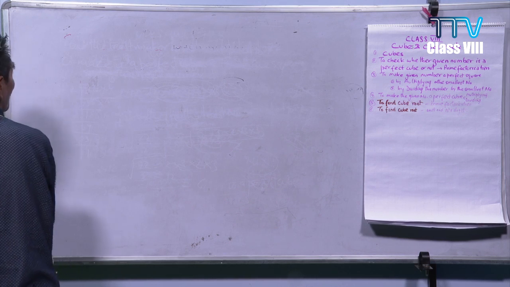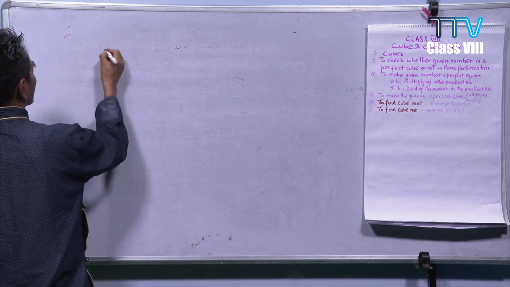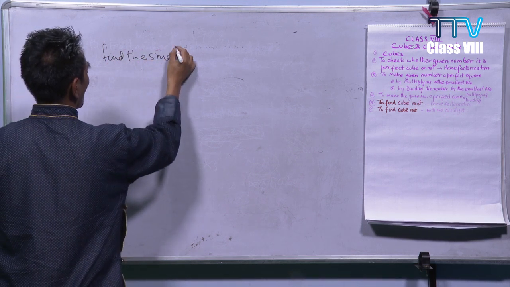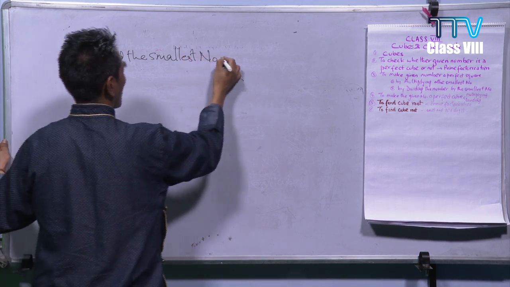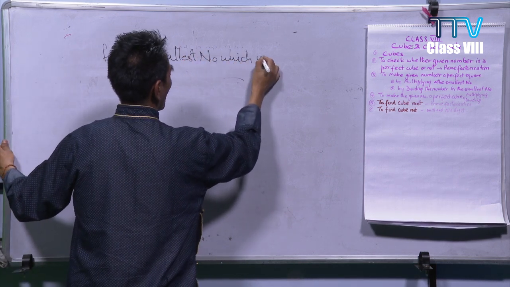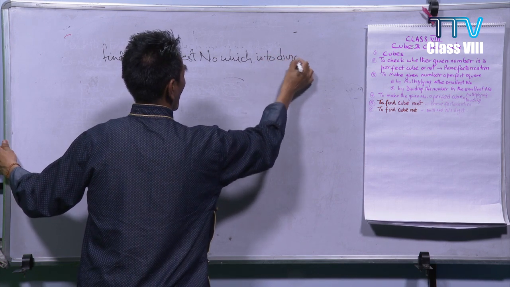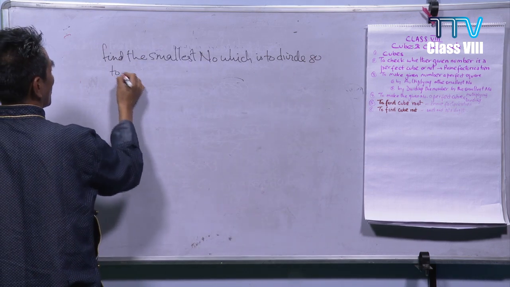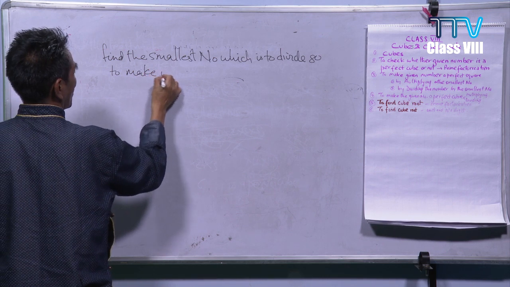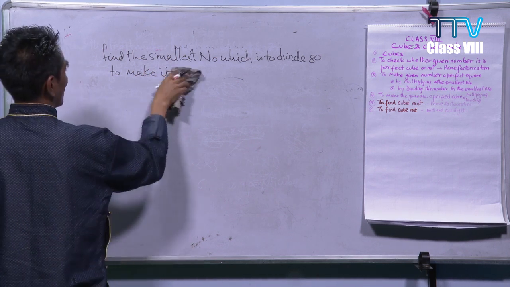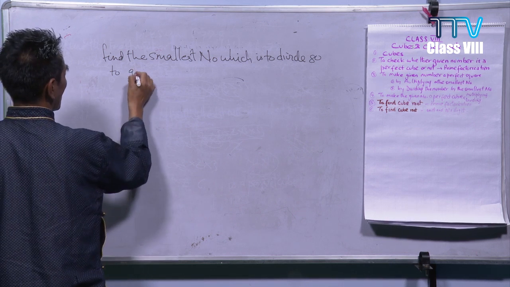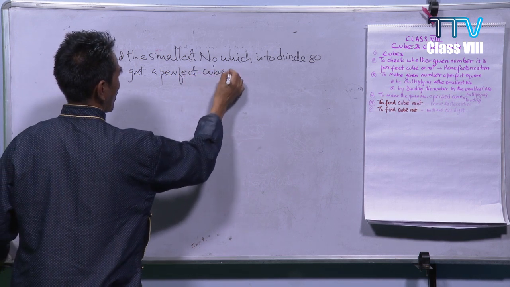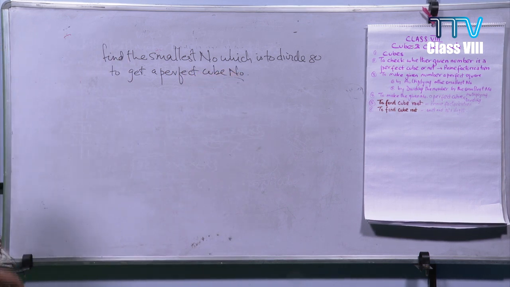Let's do an example. Cube. To get a perfect cube number, 80.